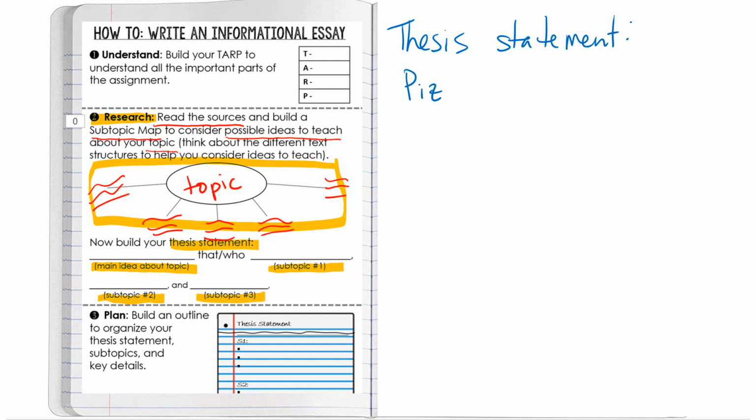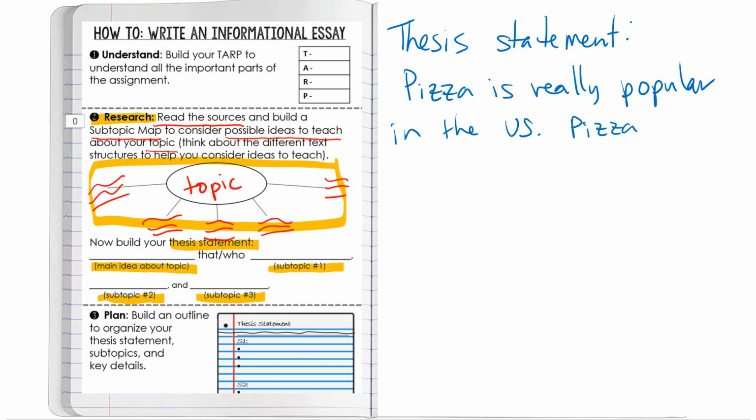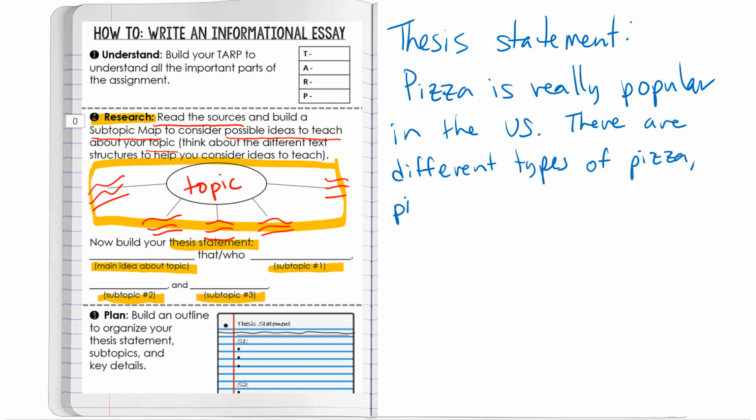Pizza is really popular in the U.S. Pizza, there are different types of pizza. Pizza has, pizza, let's see here, about pizza coming to the U.S. There are different types of pizza.